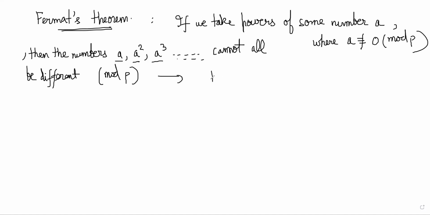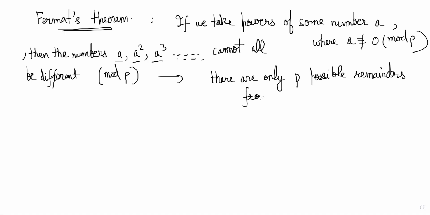because there are only p possible remainders, from 0 to p − 1 when we do mod p, right? When we are looking at mod p of any number, there are only p possible remainders, 0 to p − 1.